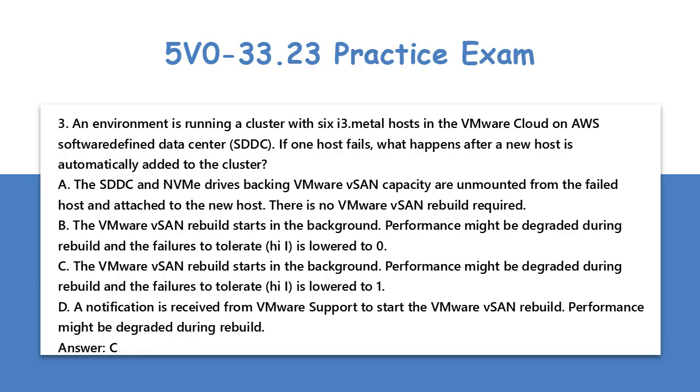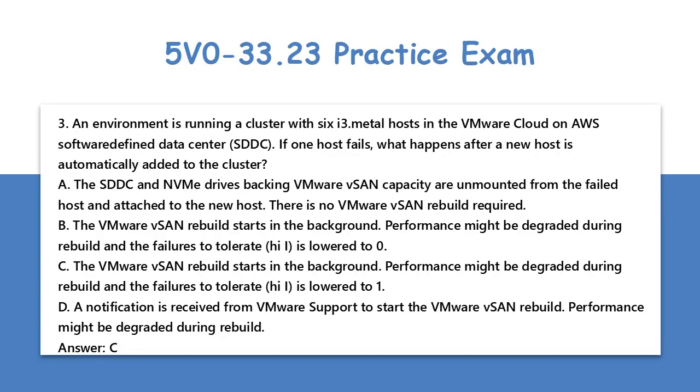3. An environment is running a cluster with 6 i3 metal hosts in the VMware Cloud on AWS Software-Defined Data Center (SDDC). If one host fails, what happens after a new host is automatically added to the cluster?